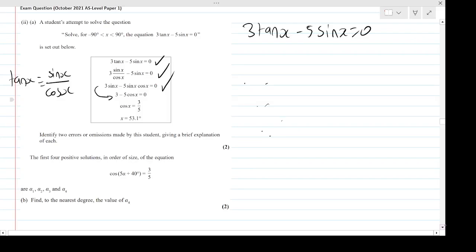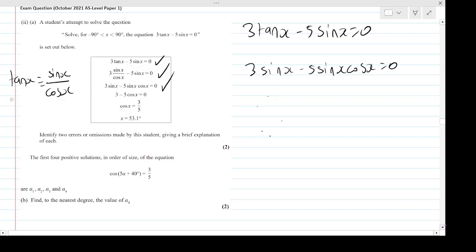Okay, that's alarm bells. Let me rewrite that step then. Let me copy this step down. So 3 sine x minus 5 sine x cos x is 0. Okay, so how do we solve it properly from this point? Well, remember I keep banging on about you need to try and factorise whenever you can.